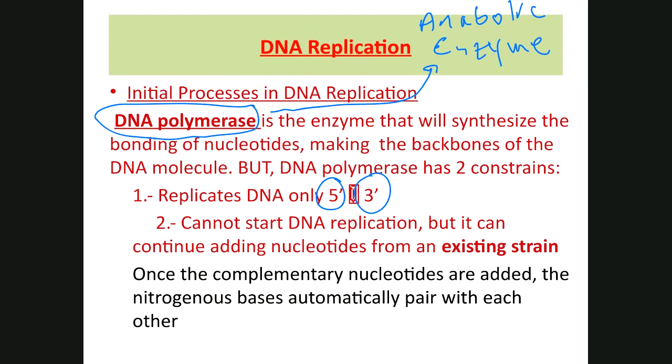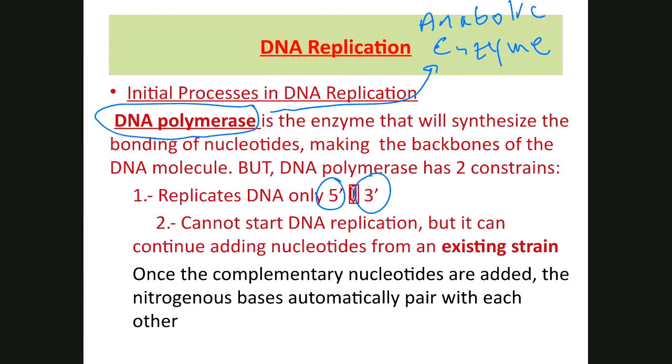It can only grab and put nucleotides in one configuration, 5 prime to 3 prime. Okay, and I'll show you the significance of that in just a second. The second characteristic is that DNA polymerase cannot start replication, it can only continue it. So if it has a little fragment already made, it can grab hold of that little fragment and continue from that point on, but it cannot start replication from scratch. Again, we'll see the significance of that.